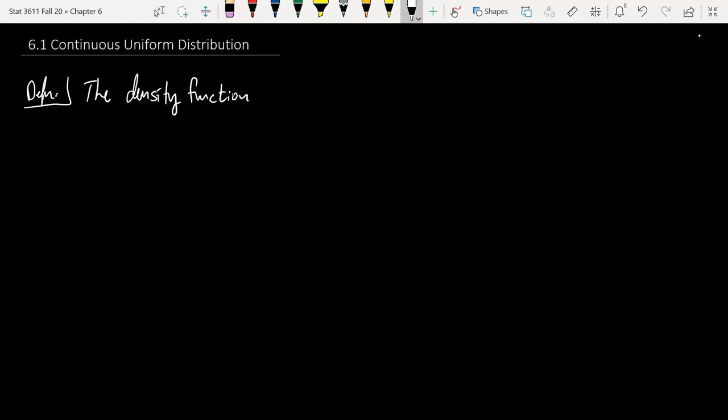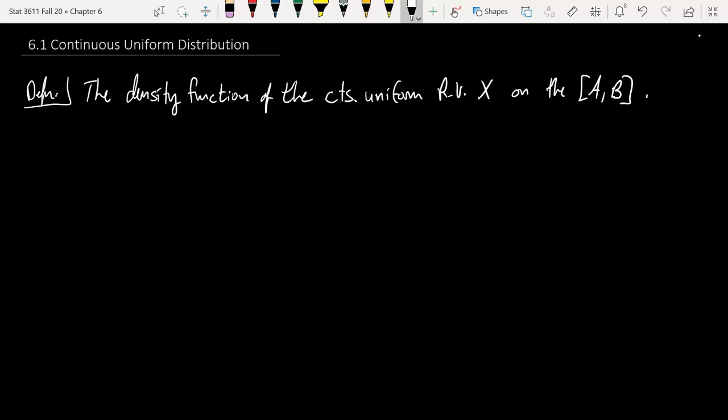of the continuous uniform random variable, capital X, on the closed interval from A to B, is the density function f of x.